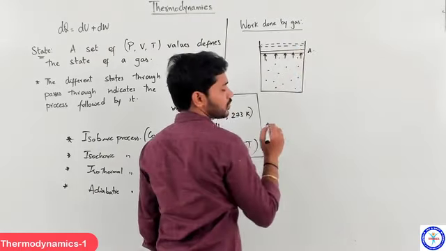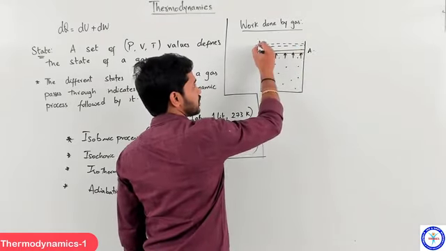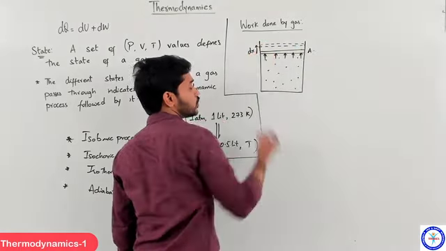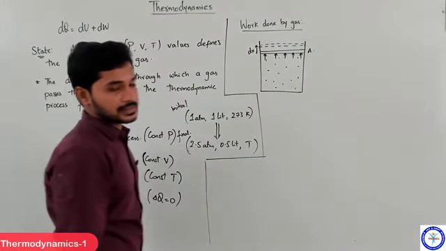So this is the final position of the piston. Let's say that the piston moves by a distance of dx.